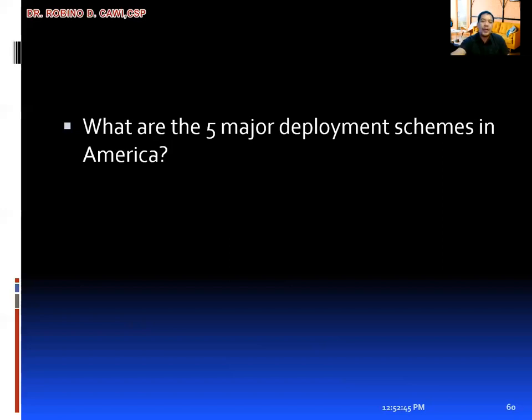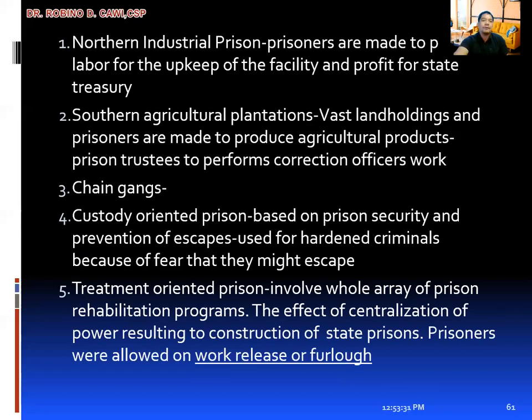Now in the United States, they have basically 5 types of prison movement. We have here the Northern Industrial Prison, the Southern Agricultural Plantation, the chain gangs, the custody-oriented prison system, and the treatment-oriented prison.